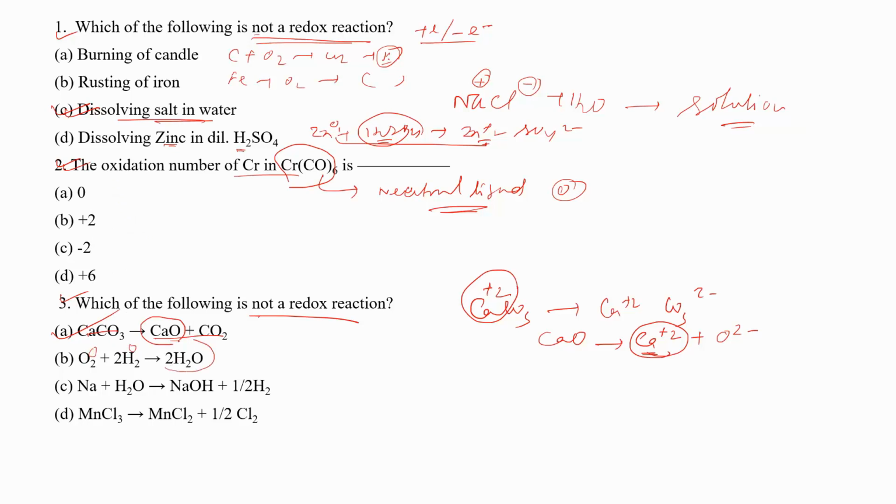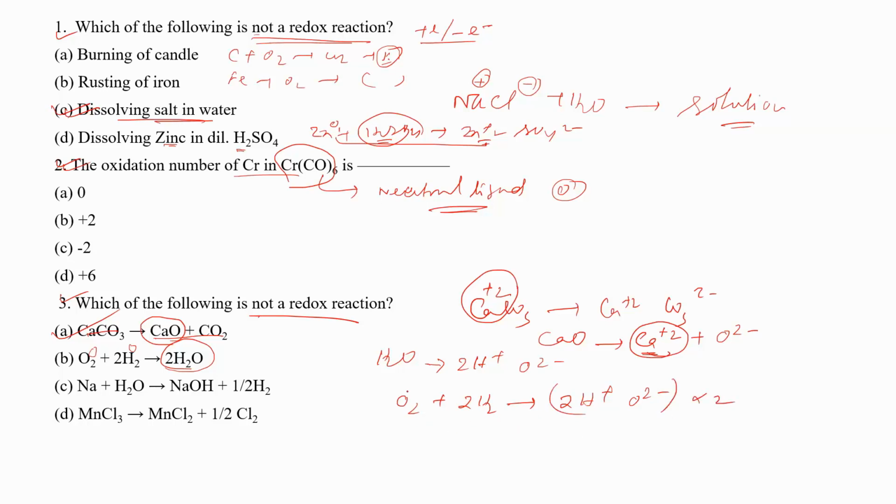But in water, if I dissociate it into cation and anion, it forms 2H+ and O2-. So O2 in the presence of H2 forms 2H+ ions and O2-.